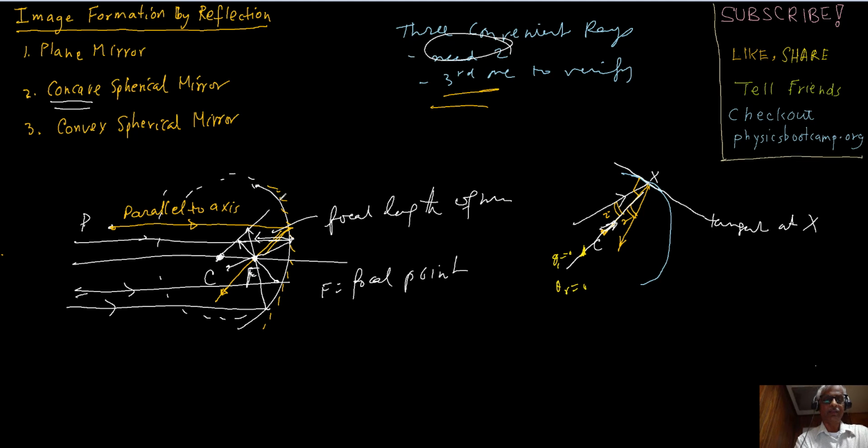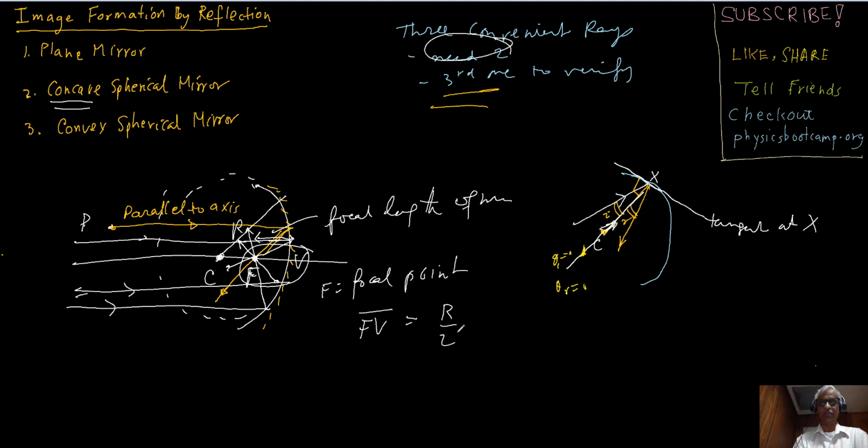And if this is the radius r, then the distance to the vertex, this FV distance, is equal to r over 2. Okay, and we will talk about sign convention in another lecture.